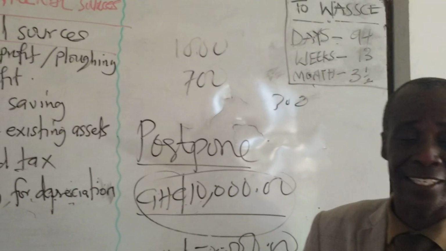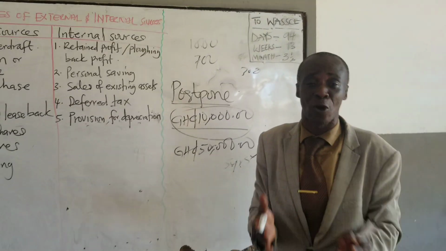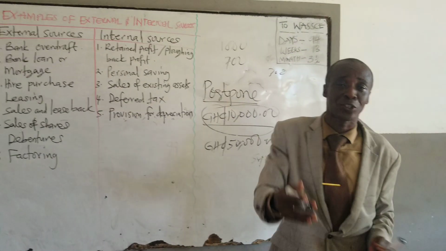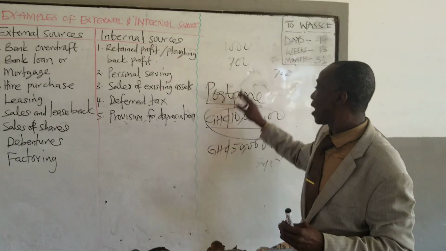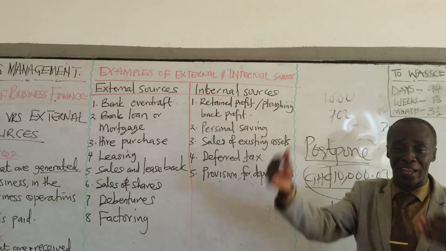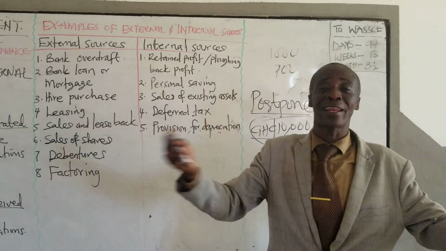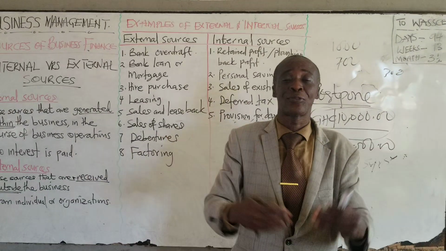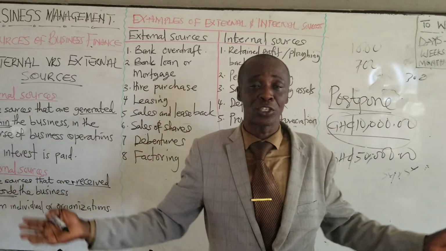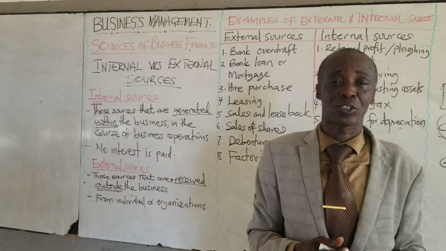This 300 Ghana cedis can be accumulated for a period of time for business operations. So that is how provision for depreciation becomes a source of financing your business. Apart from that, the money that you accumulate by providing for depreciation, you can channel it towards business operation.